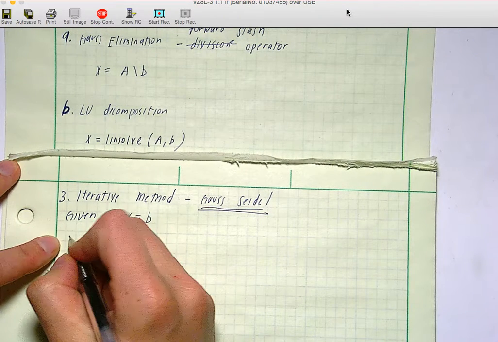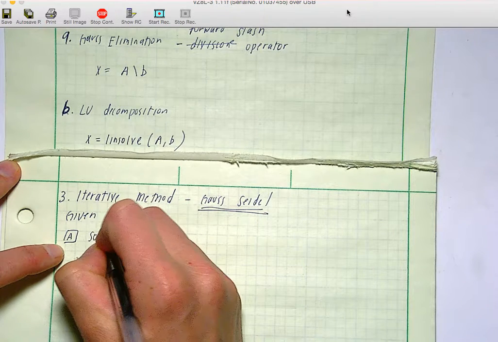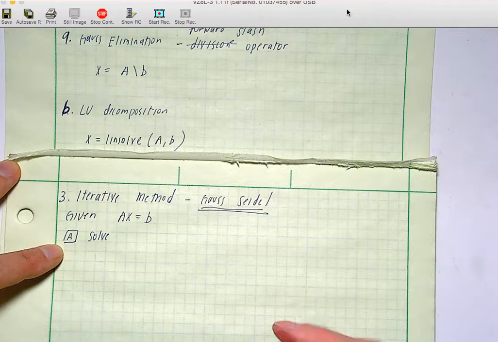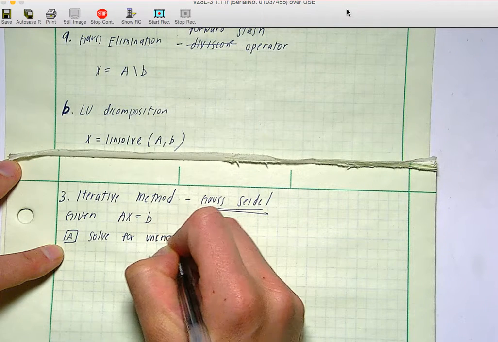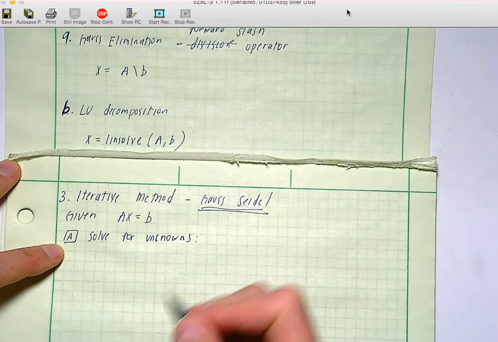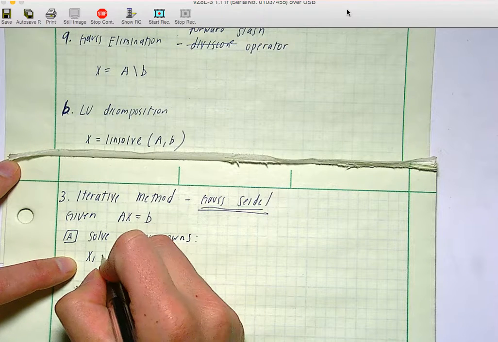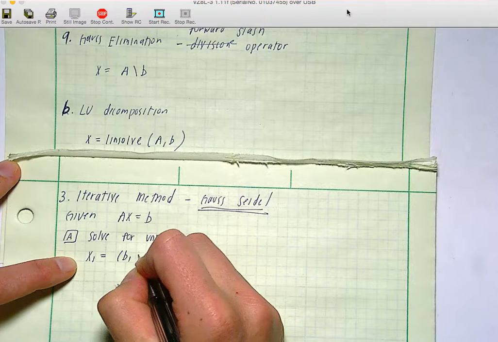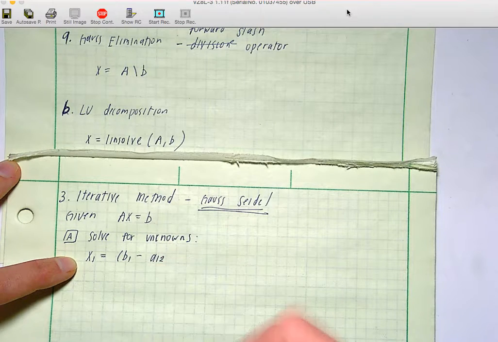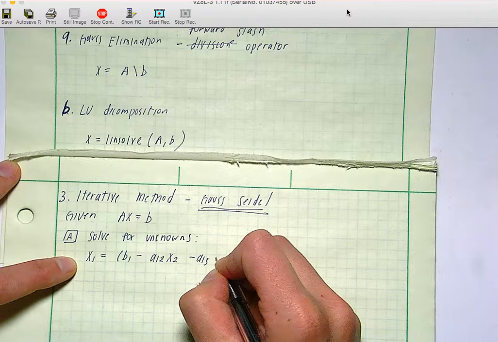This is how an iterative method works. Step 1 is you take each of your equations and you solve for one of the unknowns. So for example, I'm going to do the 3 by 3. For the first equation, you solve for the first unknown. I'm not going to rewrite the equation again, so hopefully you can refer back to it. I'm just going to solve for it.